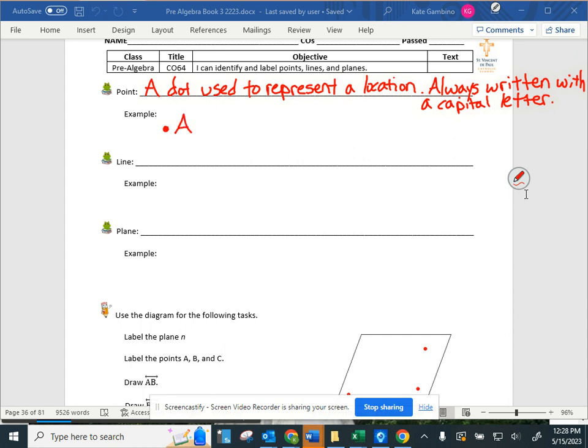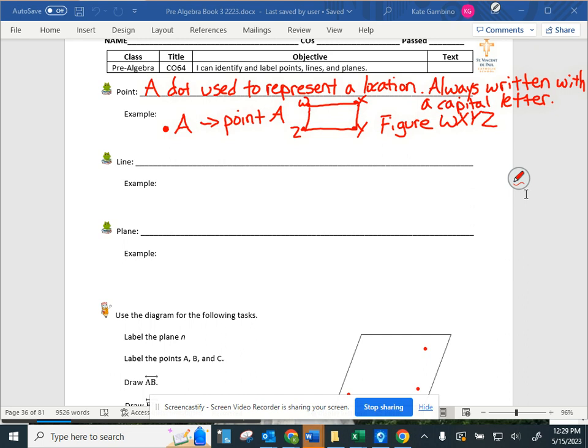We might call it point A. If we have a shape and we have points at each corner, you would say this is figure WXYZ.